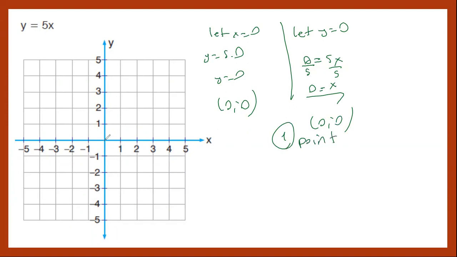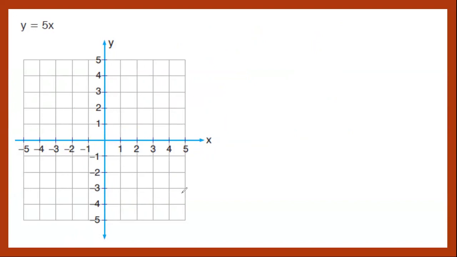Because let's say 0, 0 is here, no problem. But then, wow, it's going to be like this or like this or like how? Infinite ways. So you cannot use the intercept method here. This is the exception. Now you will have to use the table method. Okay, let's go with the table method.